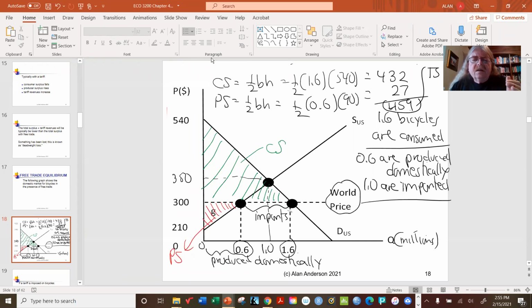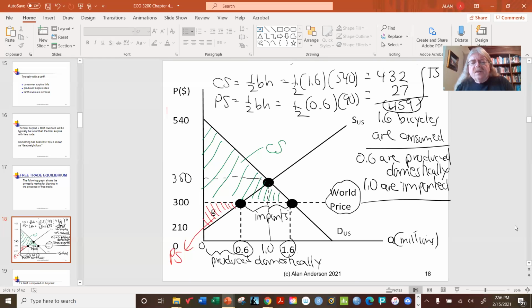So here they are. The last survivors are making 0.6 million bicycles at a price of 300. So the producer surplus is this red triangle. Everything from the price line down to the supply curve is our producer surplus. And so, again, the area of this triangle is 1/2 base times height.